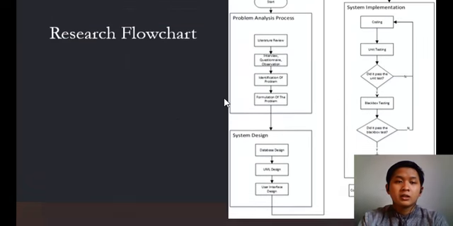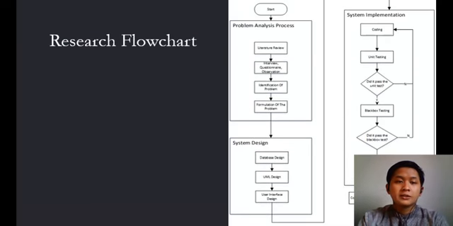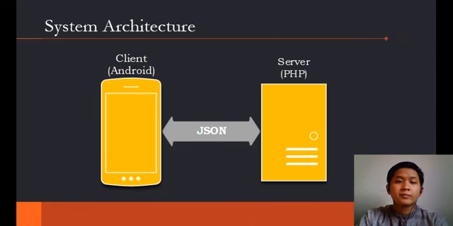After the three processes are complete, in the end, we can draw a conclusion about this research. The application that we design has the following architecture: Android as client and PHP as server. Both communicate via JSON format REST API.